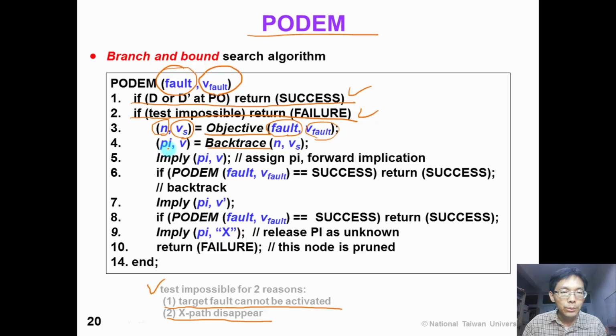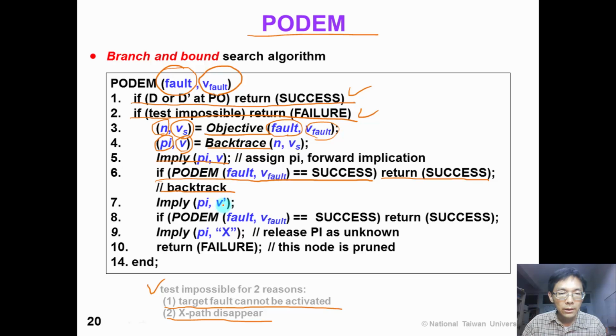We find a primary input and the value. Then we assign the primary input to the value and run a forward implication. If the test has been generated successfully, then we get the test pattern. Otherwise, we need a backtrack.